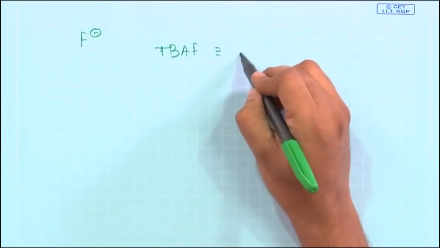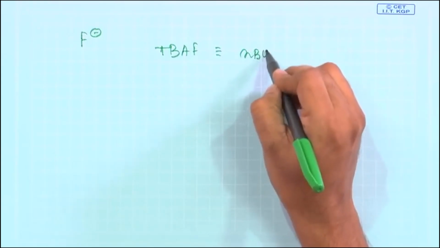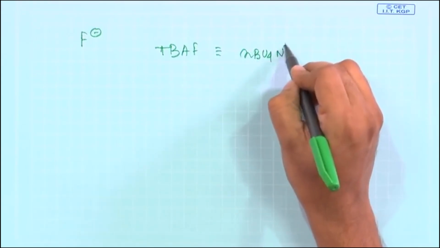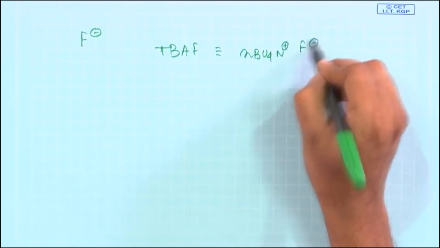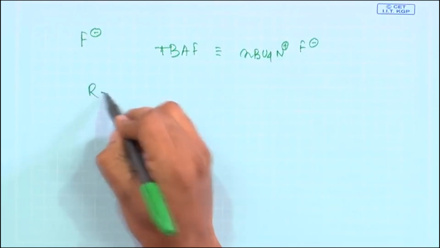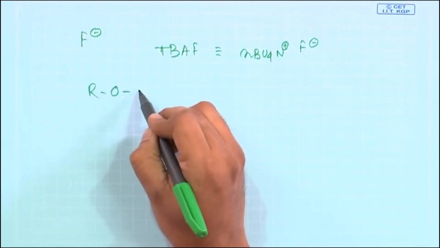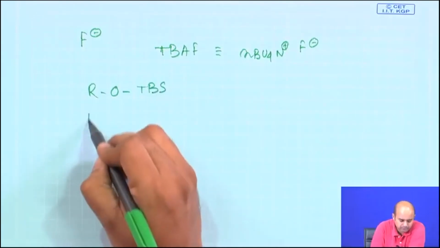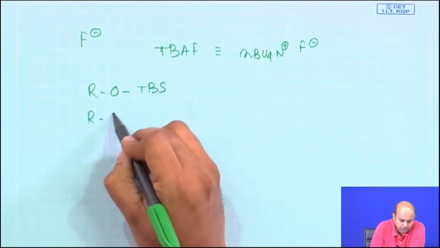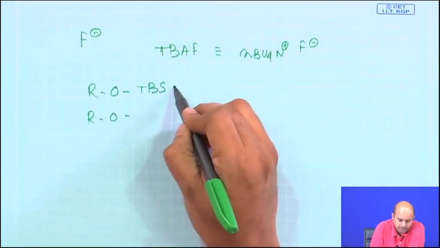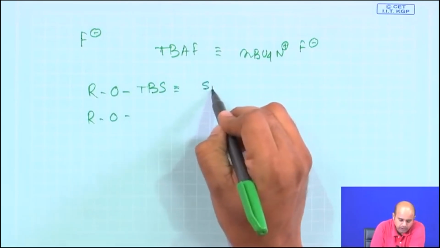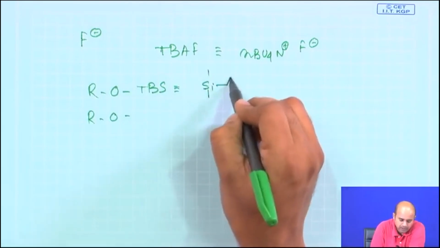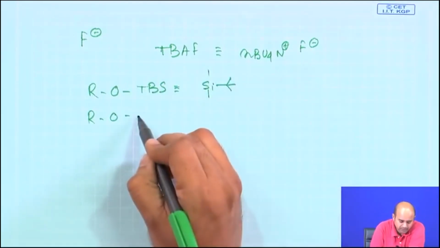The structure is NBu4 N plus F minus. Normally all silicon containing protecting groups are cleaved in this way, say ROTBS. TBS stands for tertiary butyl dimethyl silyl, which is silicon with methyl, methyl, this group.